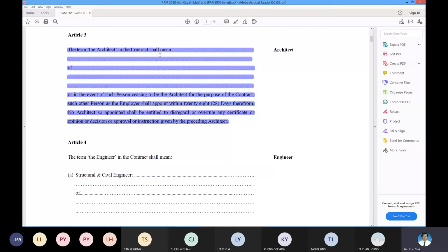If it's an engineer, the engineer will issue the instruction, but it must pass the instruction to the architect, and the architect will attach the AI and send it out, and not EI. If you use the EI, you're in trouble. So please be careful. You must be the named architect.